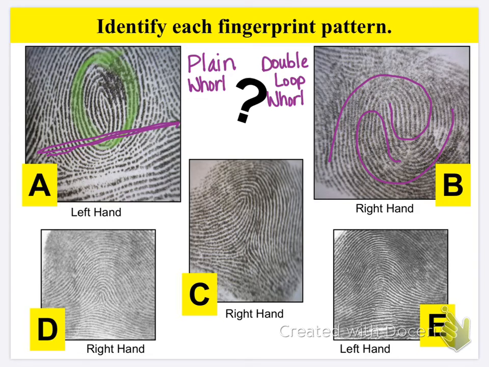C. Okay, so this is not going to be a tinted arch. It looks like it might be, but what you're actually seeing there is the delta. And so we have a loop pattern that goes in and out, and it's on the right hand. So on the right hand, that is pointing towards the thumb, so that is a radial loop.